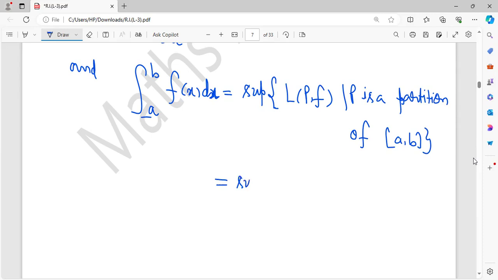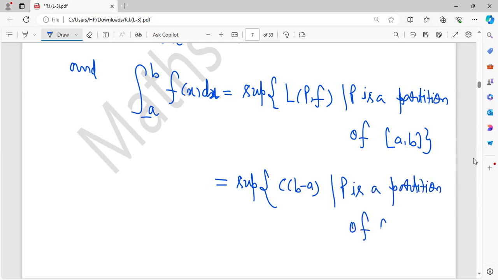So what is this? L(P, f) is also c(b minus a). Now this is fixed. You take any partition, this is going to be fixed. So this is nothing but c times (b minus a).